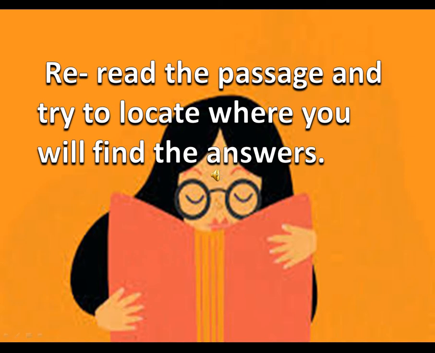Once you have read the passage, you've understood the meaning, and now that you also know what questions you have to answer, you have to go through the passage once again. When you are going through the passage, all the questions you have recently read, you will find their answers automatically. So this is the very easy way out to answer questions given in an unseen passage or a comprehension.